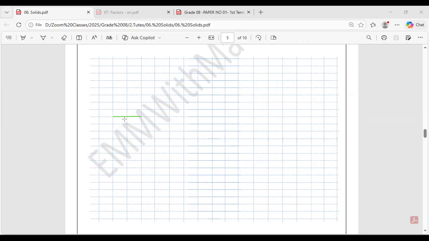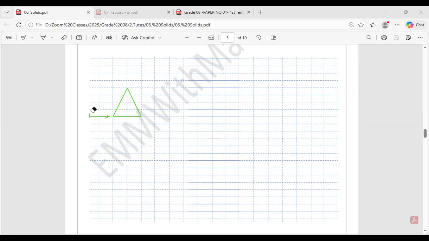Then the height will be 1, 2, 3, 4 rectangles. So please draw this triangle. From here to here, there will be 2 rectangles. The distance will be 2 rectangles from this end to this end.